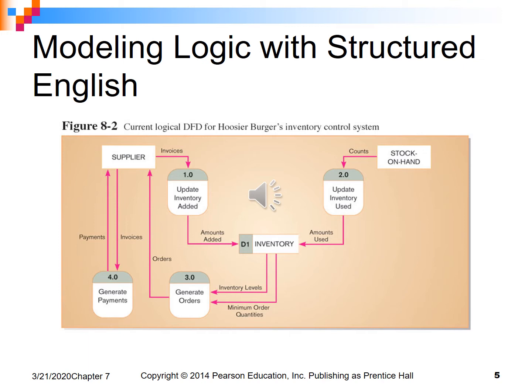Plus there is an inventory file, and there are a source and a sink, which is the supplier, and a source, which is the stock on hand. So in the next slide, we're going to go through these four processes and try to see how to write structured English for them.